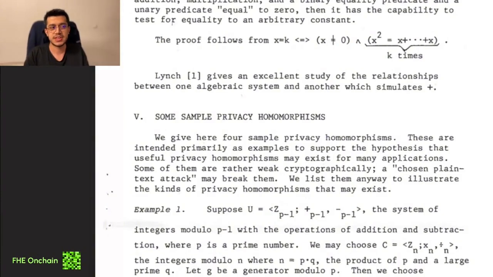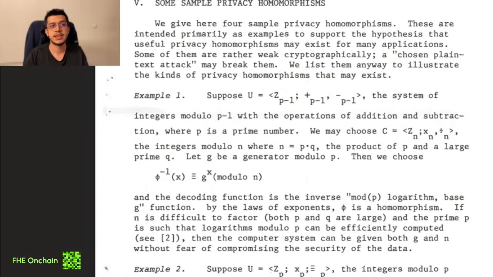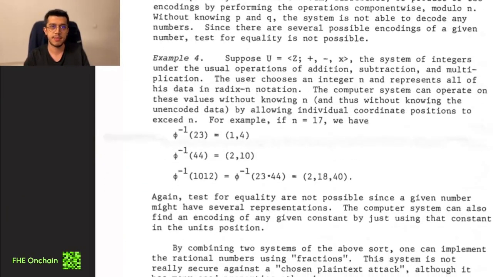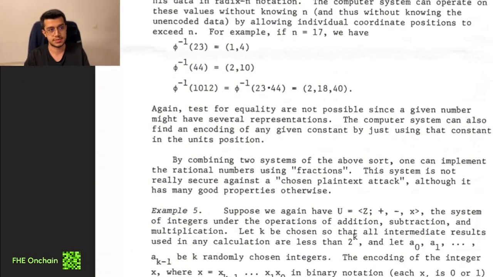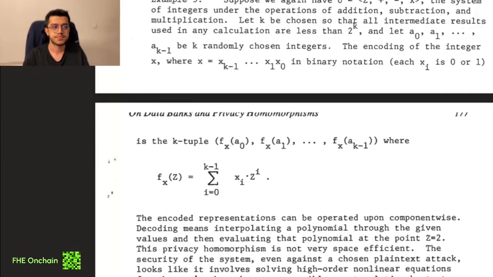And another good thing is they provide 5 different examples satisfying what they propose. They're not only saying, okay, this is a good idea, let's use homomorphisms as encryption schemes so that we can ensure some sort of privacy in confidential data. But they also provide 5 different examples in terms of schemes that can be used in the practical world.